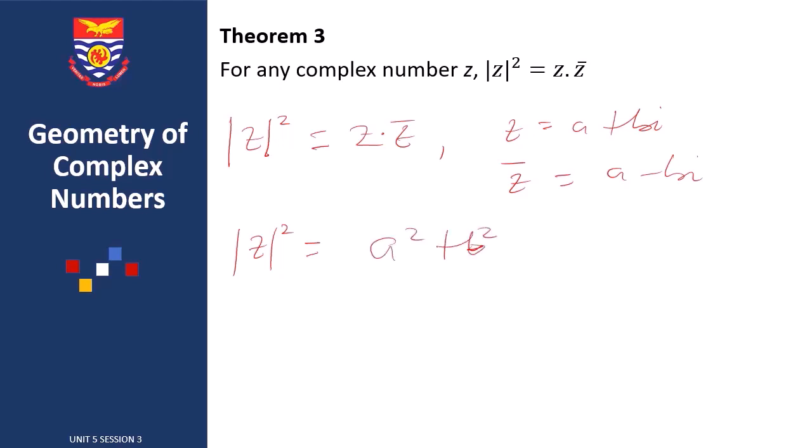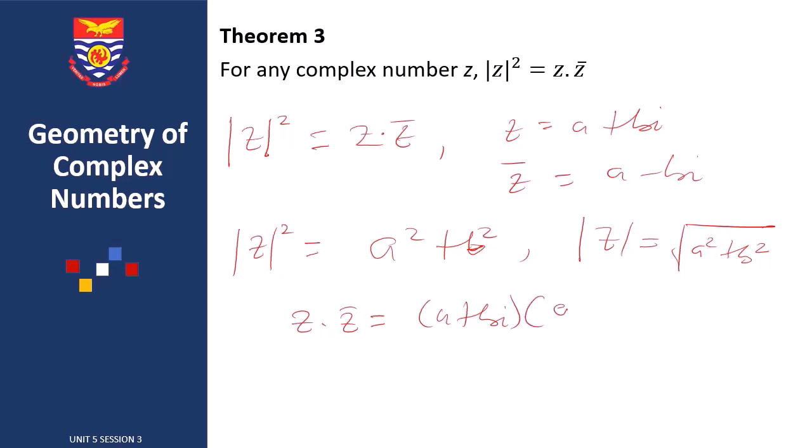That is from the modulus of z equals the square root of a squared plus b squared, which we established earlier. If that's the case, then z times z conjugate is equal to a plus bi multiplied by a minus bi.